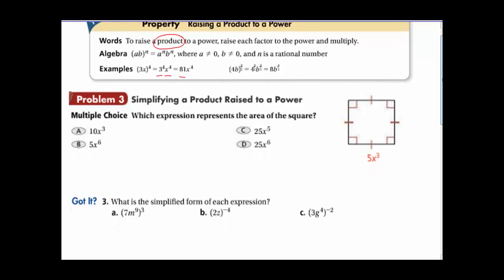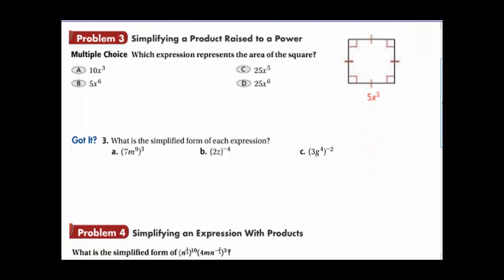So if we do an example of this one, we're going to simplify a product raised to a power. It says, which expression represents the area of a square? So area of a square would be the side length squared, and it gives us a side length 5x cubed. So if we plug in that 5x cubed into our area formula, we would get 5x cubed all squared.